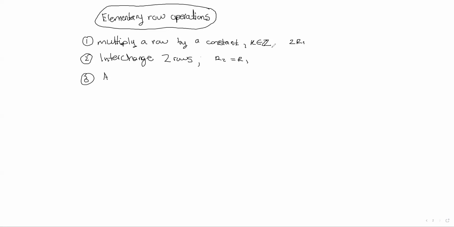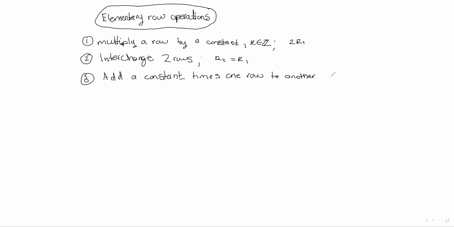Okay. Then the last one, we add a constant times 1 row to another row. So what we're doing basically here, the idea is we're adding what?